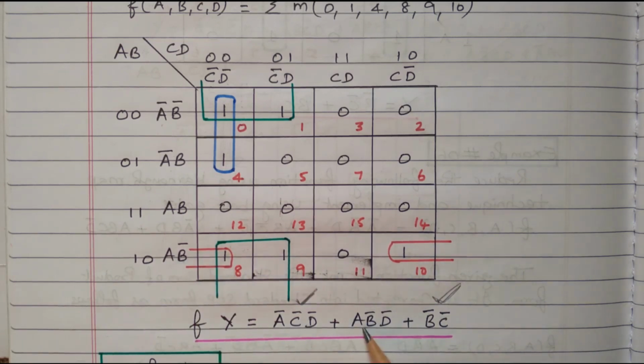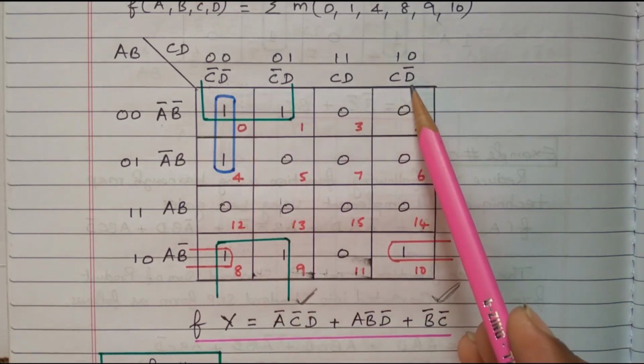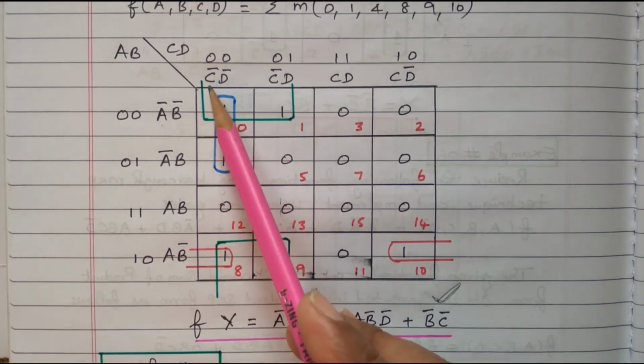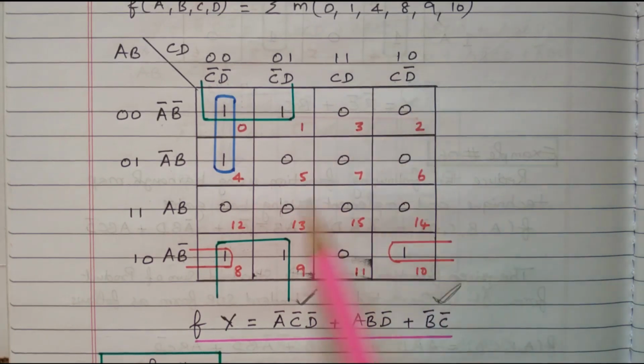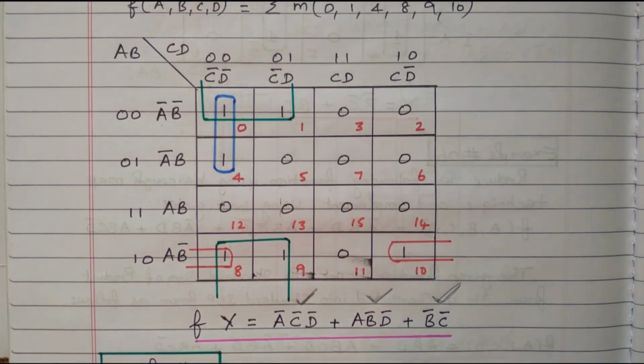So A, B bar. We have to verify these two terms, first column and last column. First column, C bar, D bar; here C, D bar. This C and C bar got cancelled, only we have D bar, that is A, B bar, D bar. This is the third term.